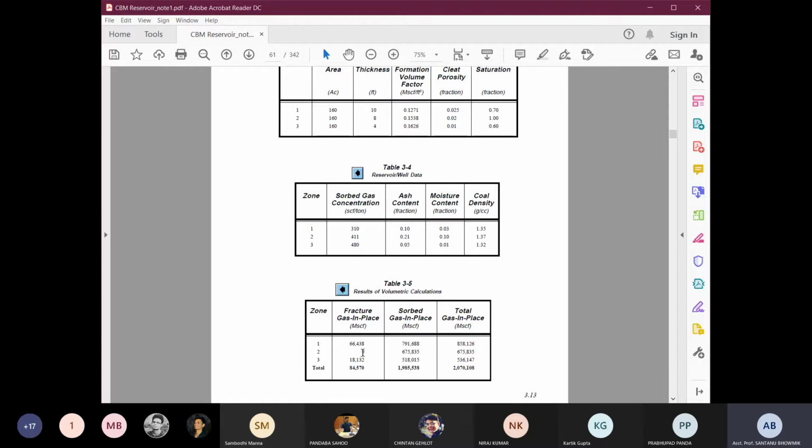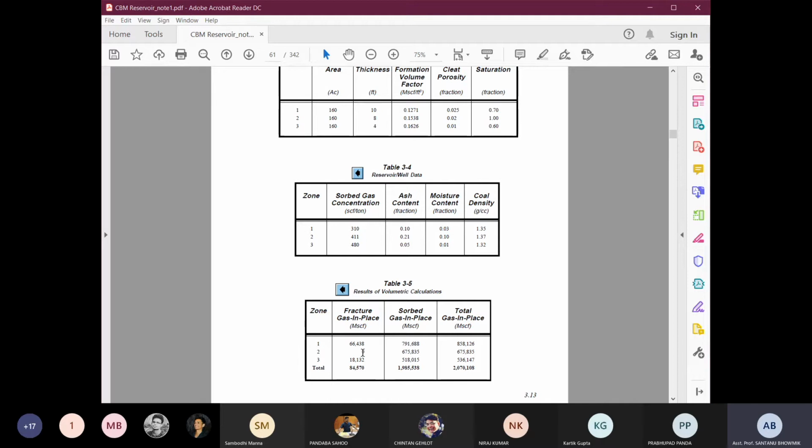The fracture gas in place which is there in the free state has already escaped, and in the meantime the sorbed gas concentration, due to the reduced fracture pressure, because it is connected to the surface, its surrounding pressure is also going to reduce.